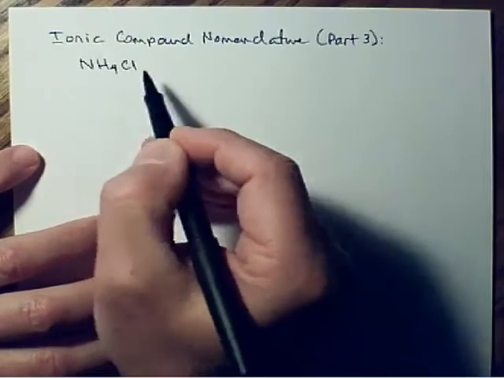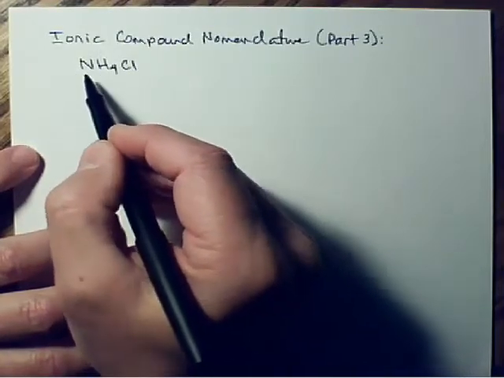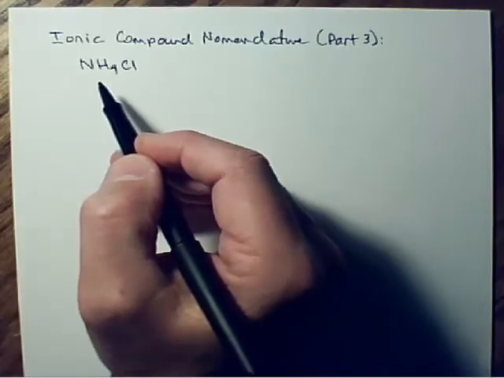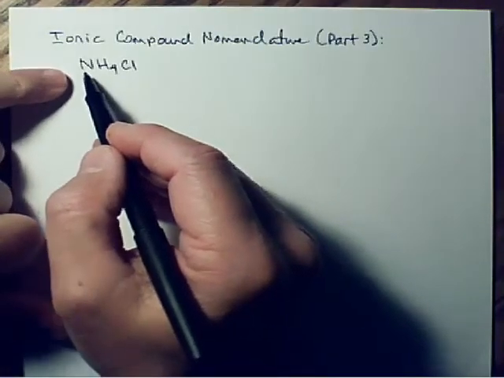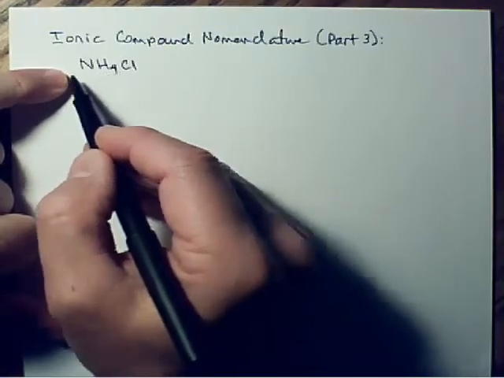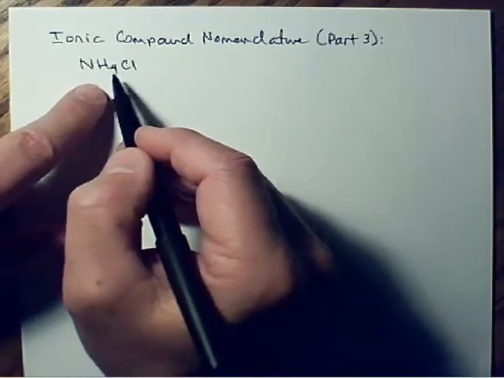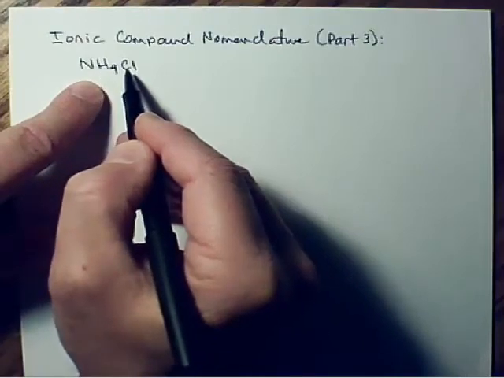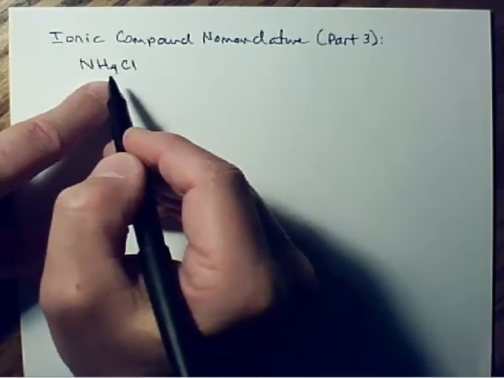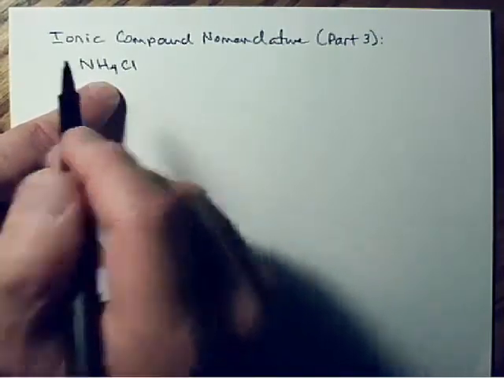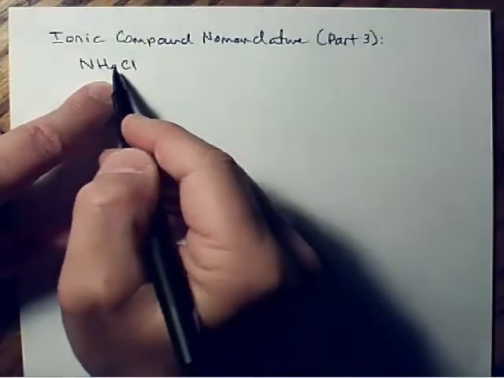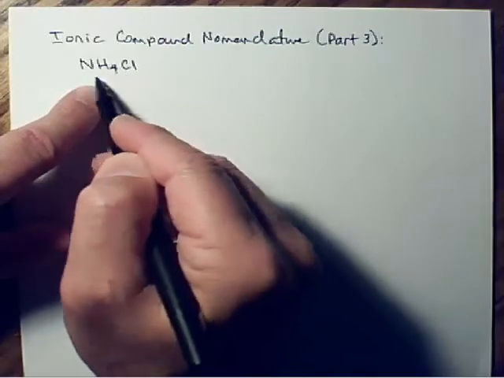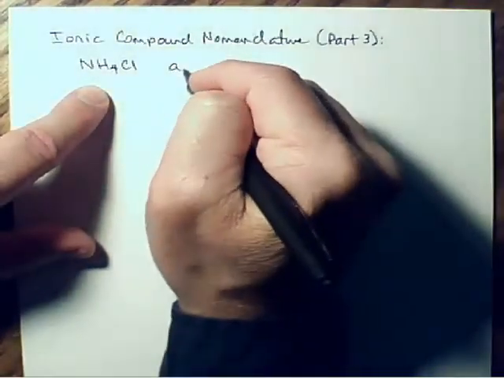So when you're looking at this compound here, you should notice, we'll get to organic compounds next week, that there's not a series of carbon atoms in here. So this is a non-organic compound. And we have more than 2 elements. We have 3 elements here. The first thing you want to do when you see that, a little red flag should pop up, and you should say, okay, is there a polyatomic ion in here? And there is. This is ammonium. You name it ammonium.